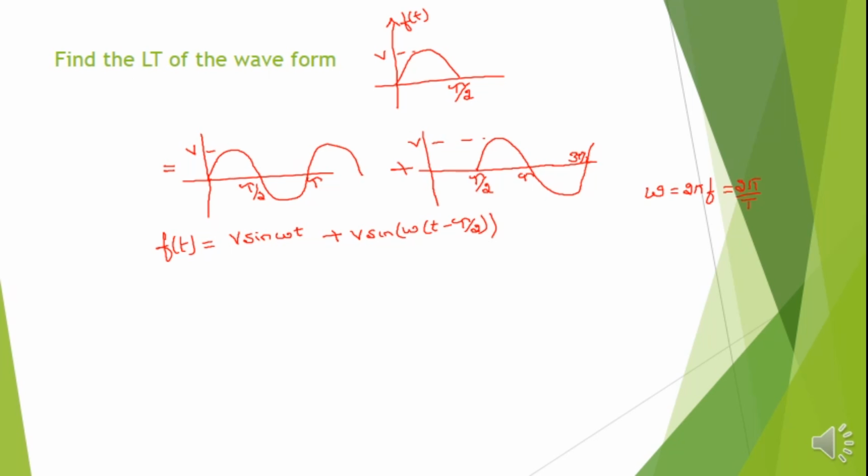So what is the time period for this waveform? It is tau. So omega for this particular problem is 2 pi by tau. If I substitute this omega in the equation, it becomes V sine 2 pi by tau t plus V sine 2 pi by tau t minus tau by 2.